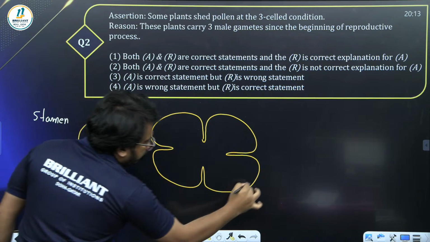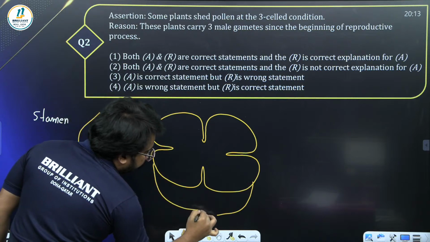You know what is the outermost layer that will be coming in the anther.